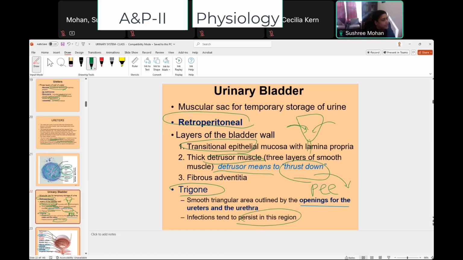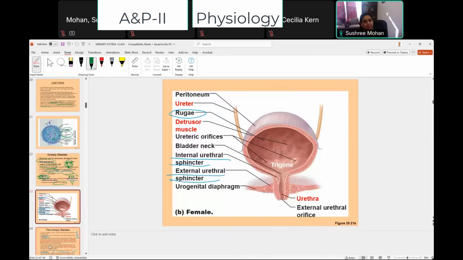These two are the ureters, this is the urethra, and together they form an inverted triangle, and that's why it's called trigone. Tri means 3, because it has 3 openings, 2 ureters and 1 urethra, and this is the part which is more susceptible to urinary tract infection.